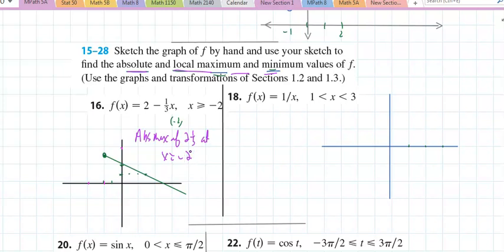There it is. Okay, I'm going to stop here in this video. I'll pick this up in the next video. I forgot to mention, there are no local extrema, meaning no local maximum, no local minimum.